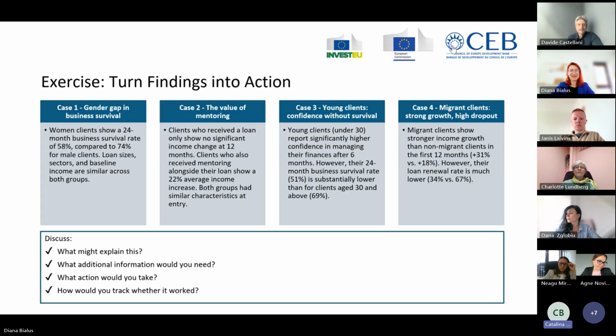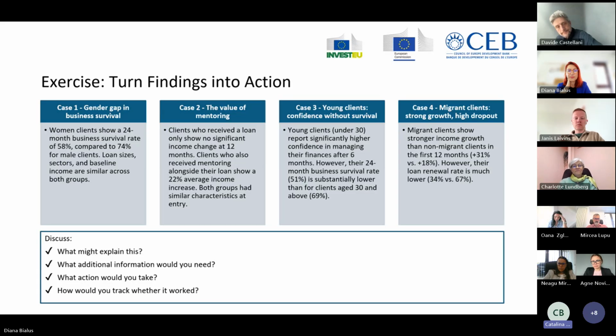So we have the third case regarding the young clients and their confidence, and since their survival rate after 24 months is much lower than the clients aged 30 and above, we were thinking what might explain this, and we concluded that actually we don't have too much information in order to explain this, and also we couldn't understand exactly what was about their confidence in managing their finances.